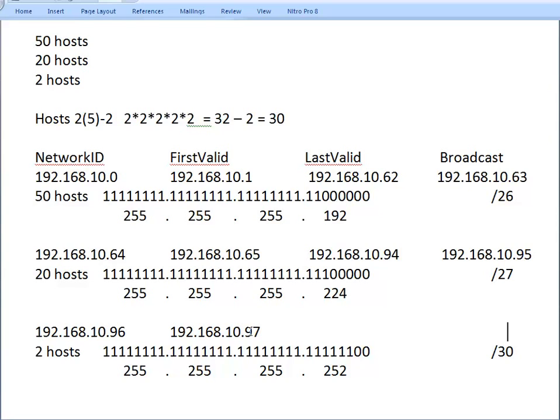Now to find the last valid address and the broadcast, it's better if you find the next network ID. So 192.168.10., and see, this is where the fourth octet separates, and this bit represents 4. So this will be 100 if you add 4 to 96.